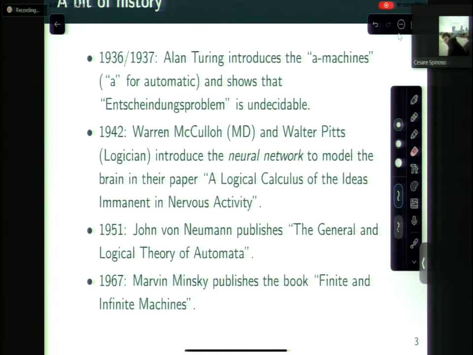So he showed that there wasn't any computational model, however sophisticated you want it to be, that could create a decision procedure that could solve this decision problem, right?